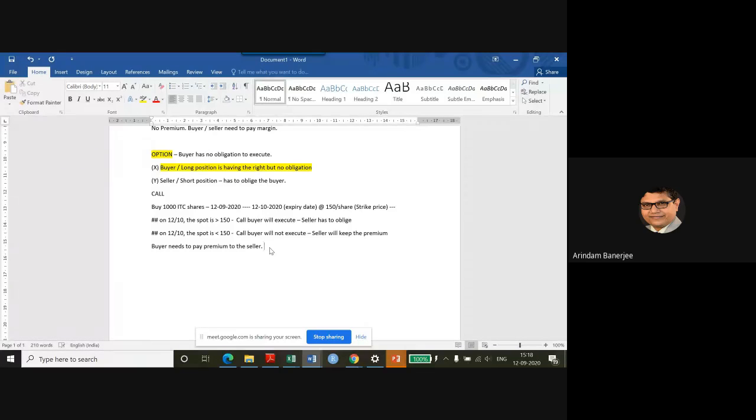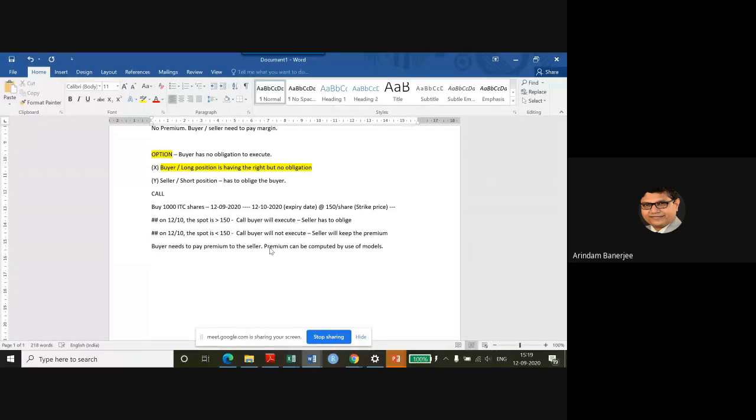So the premium can be computed by use of models.